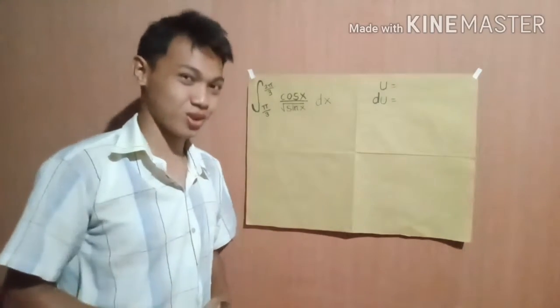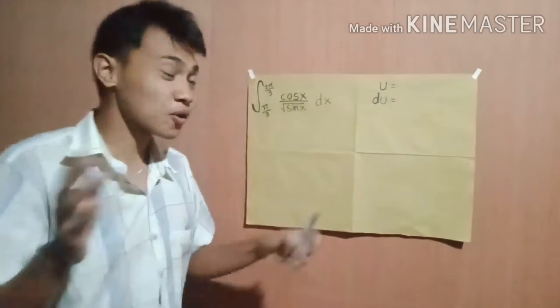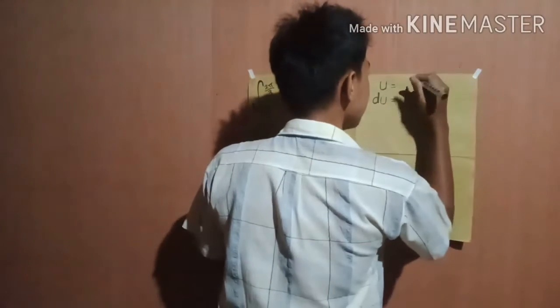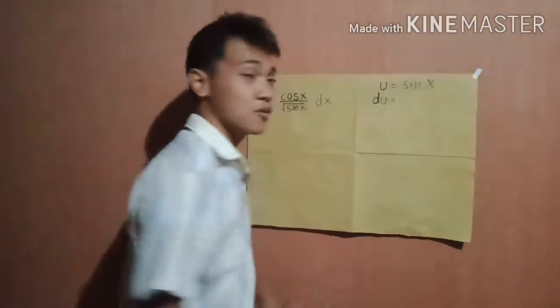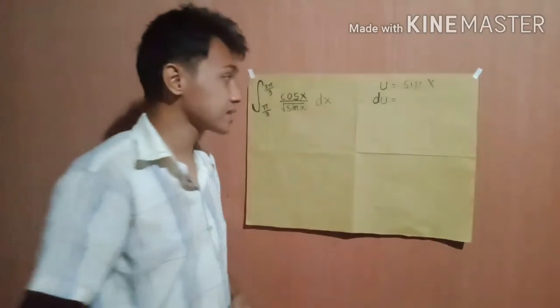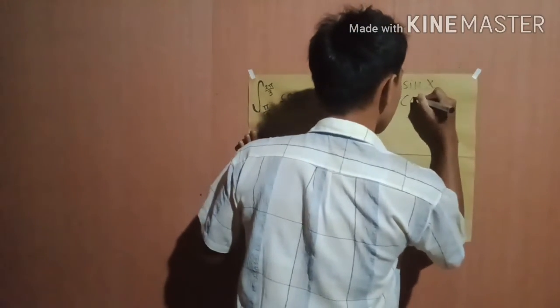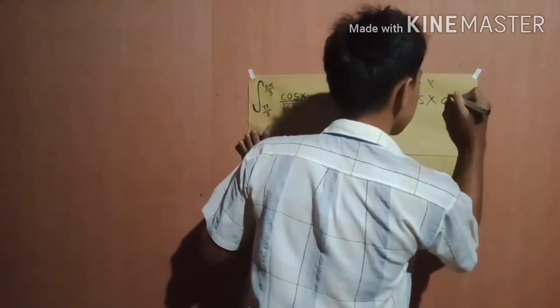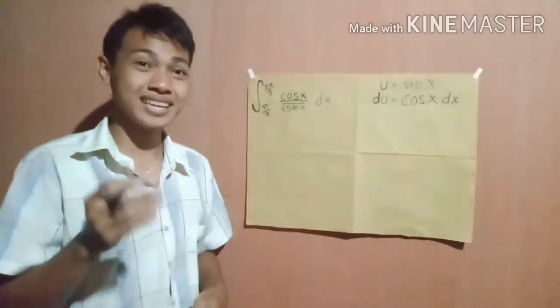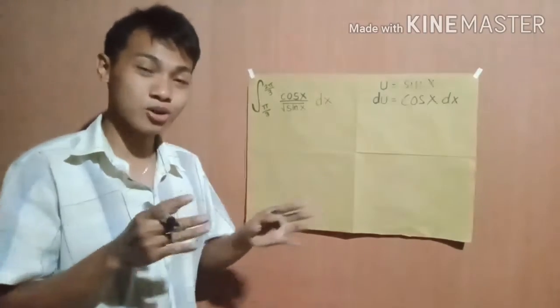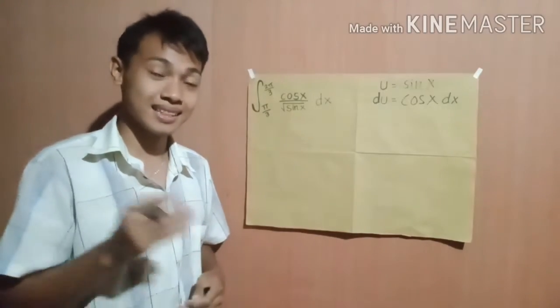So, let's try to solve the problem. Our u is sin x, and our du is cosine of x dx.